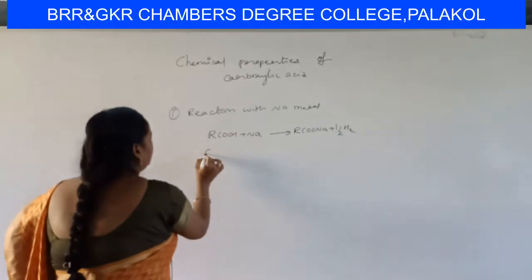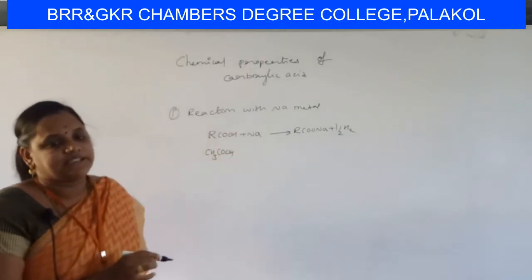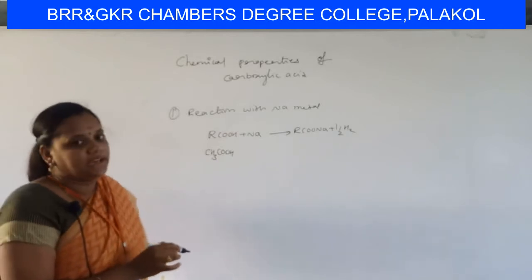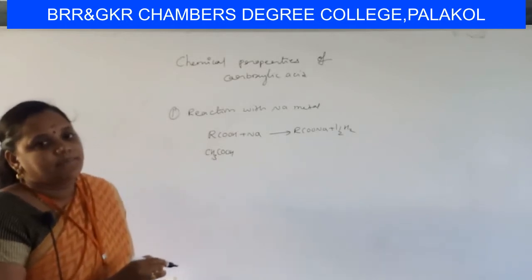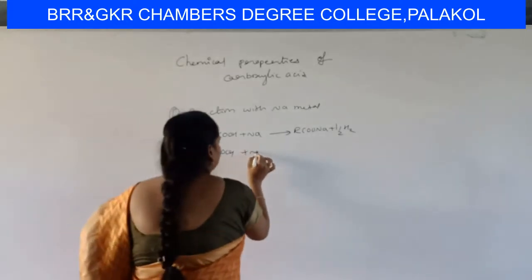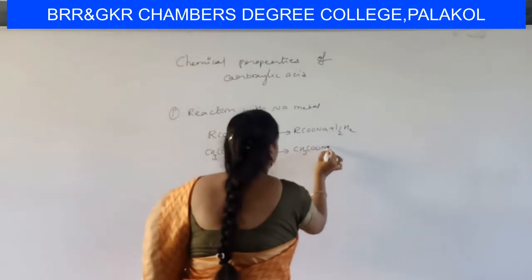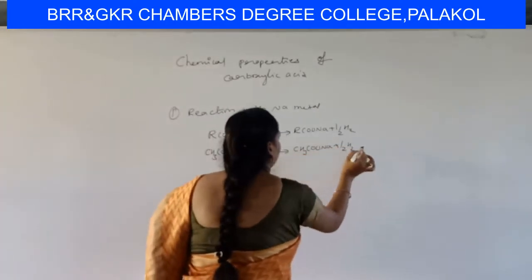For example, if you take acetic acid, what is the formula of acetic acid students? CH3COOH. If you treat CH3COOH with sodium metal, you will get CH3COONa plus half H2.